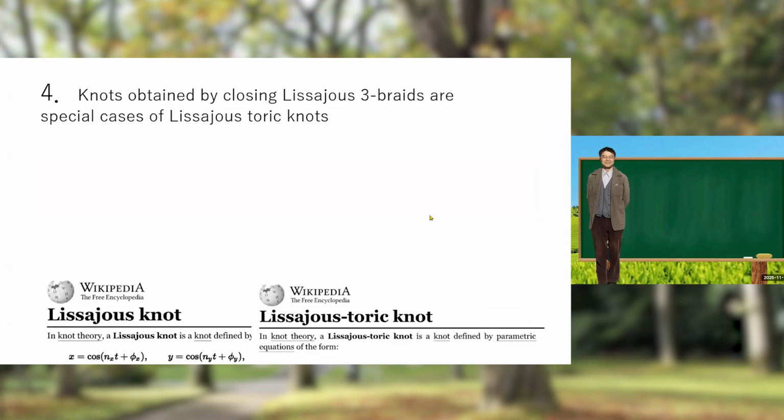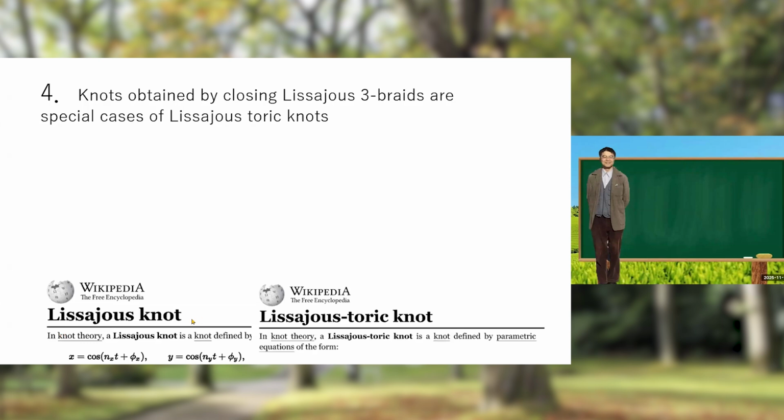Okay, so now the time is almost over, but within 3 minutes, I want to mention the motivating problem: the knots obtained by closing Lissajous braids, a special case of Lissajous toric knots. If you go to Google, there are two different Lissajous knots.